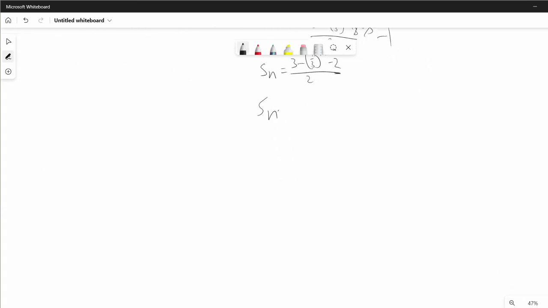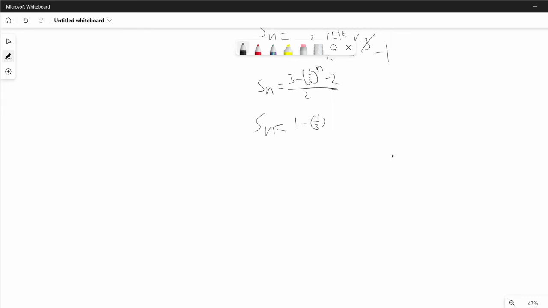So then I have 3 minus 2, 1 minus 1/3 to the n, and 2 in the bottom. So now I'm going to try to simplify this 1/3 here by multiplying top and bottom by 3 to the n. Right, and this will cancel out.